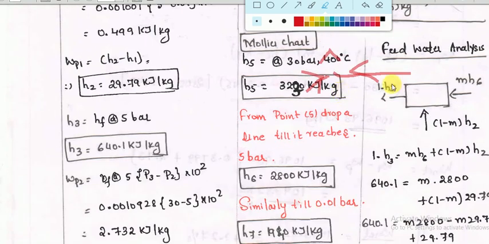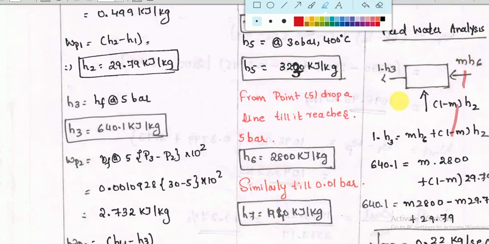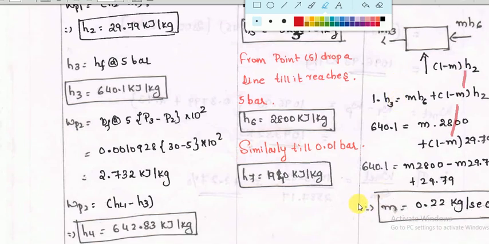So we can look at this feed water analysis. H6, the enthalpy of M mass, is entering the feed water, while 1 minus M of H2 is entering. So 1 minus M plus M gets cancelled. What leaves is H3. So we can write this as an energy balance: H3 is equal to M into H6 plus 1 minus M into H2.